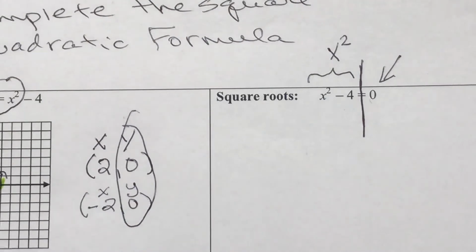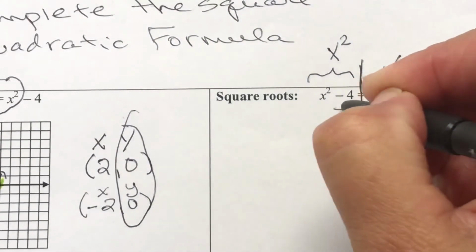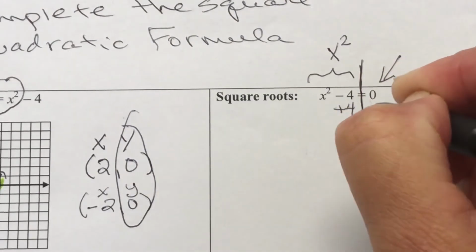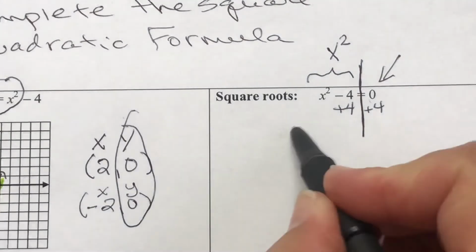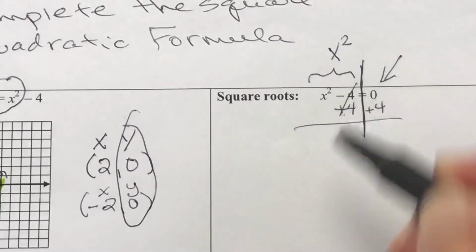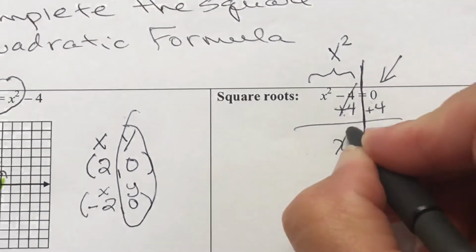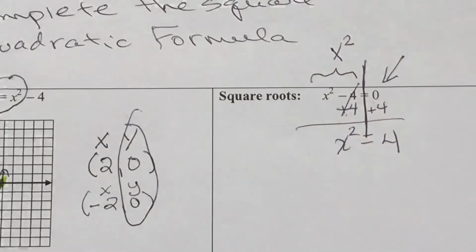Well, the opposite of subtract 4 is to add 4. So I'm going to add 4 to both sides because whatever we do to one side, we do it to the other. We know that 4 take away 4 cancels. I have x squared equals 4.